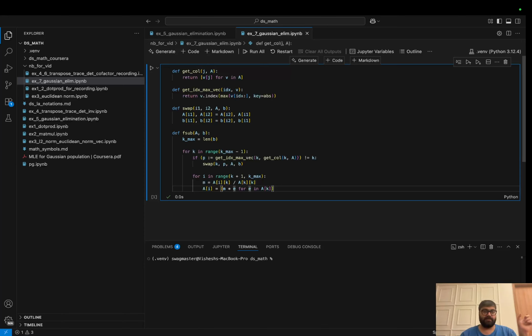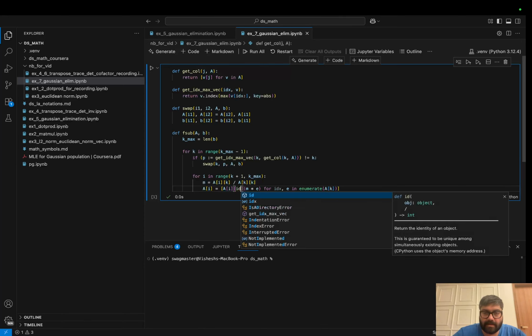I also have to subtract that from the element in A_i, which leads me to the thing that I was telling you I know about but am going to pretend I don't, which is that we need to actually enumerate this and get the index, idx.